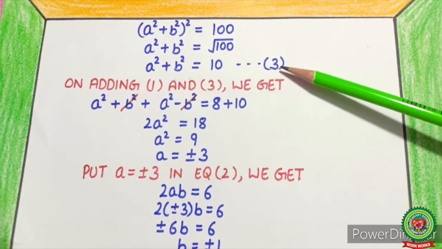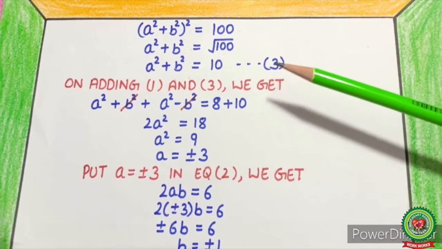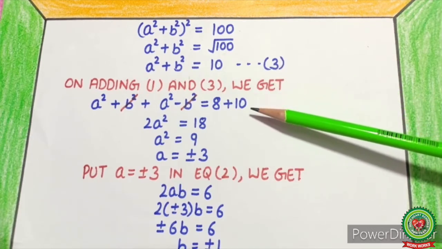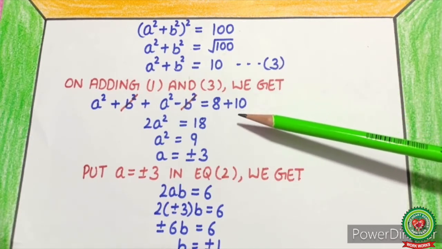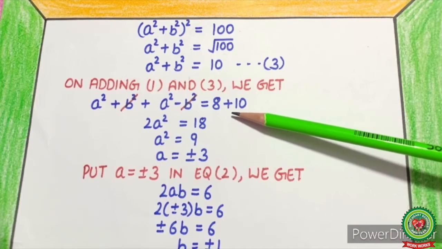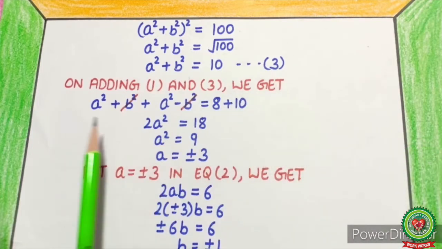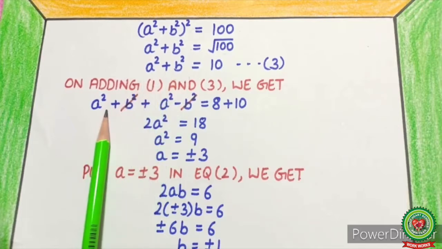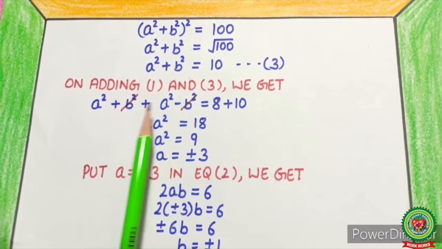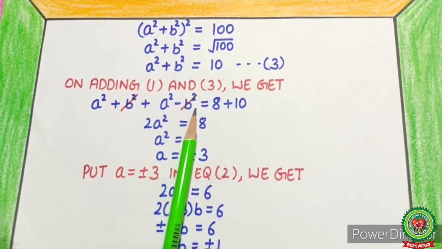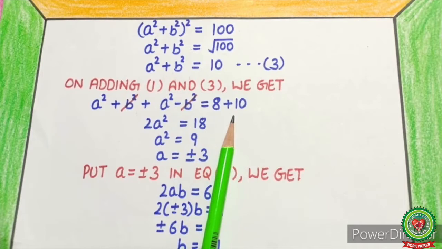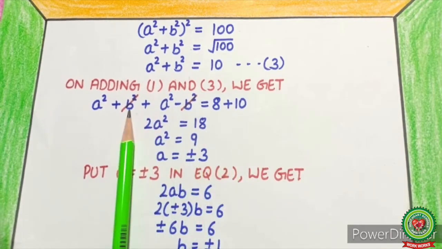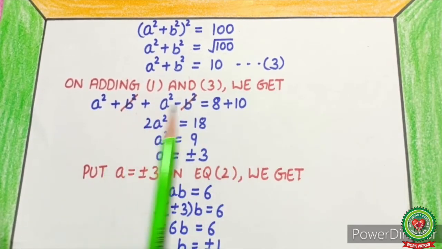Now we are going to add equation first and third. Equation first is a square minus b square equals 8. After adding, a square plus b square plus a square minus b square equals 8 plus 10. Here b square with plus sign and with minus sign, so this value is finished.